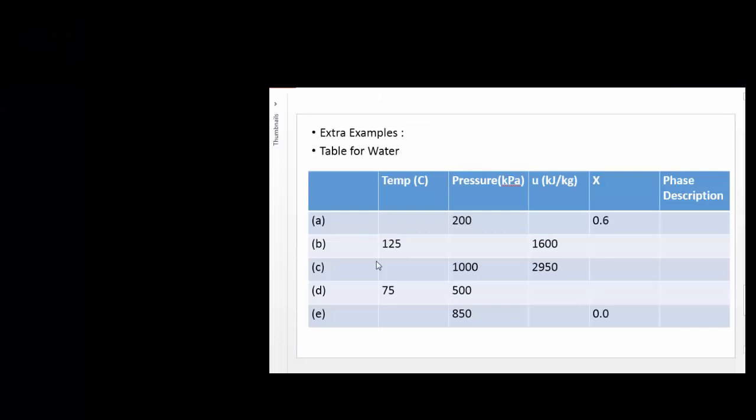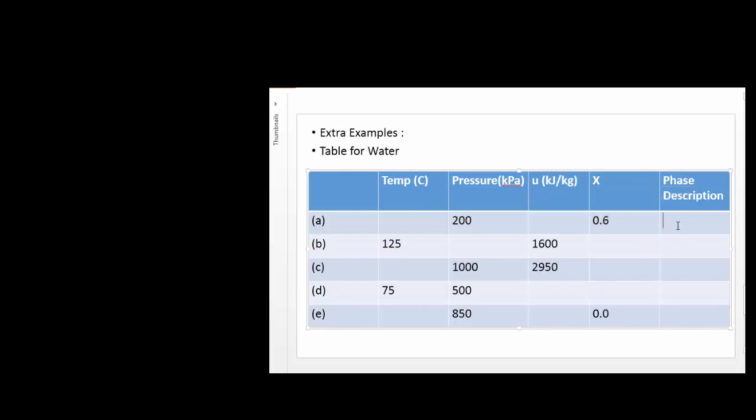Now here are some extra examples for you. I'm going to show you the quick way to do this. These are the tables, and there are 5 questions here, and each question gives 2 intensive properties for you to fill in another blank. Look at the first question. Since the quality is 0.6, what does this mean?